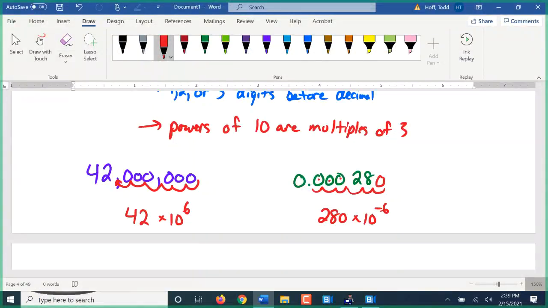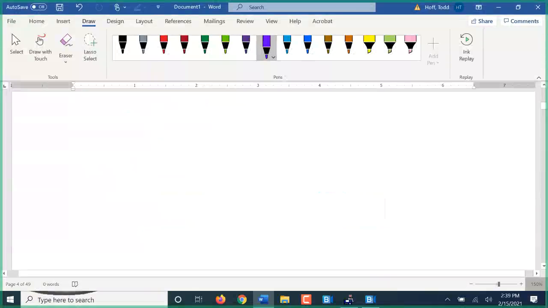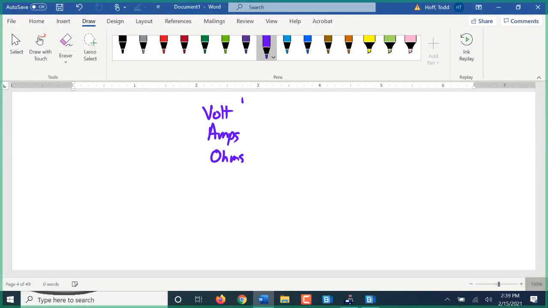Why would we deal with scientific notation? Well, because in electricity we have volts, amps, ohms. If I think of that as being our main unit, I'll call it 10 to the 0, which is 1.